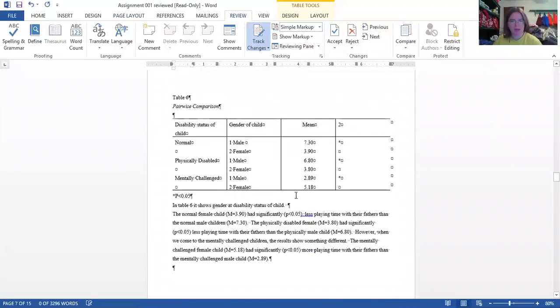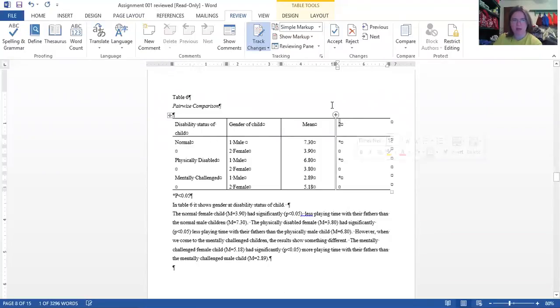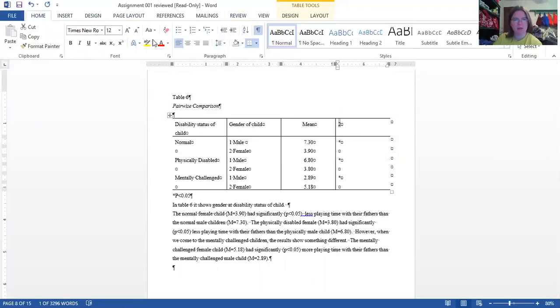Here we're almost to where we need to be. We need to add nothing because we only have 2 groups here, so we put 2 for female. And with the pairwise comparison, we're indicating that these are significantly different.